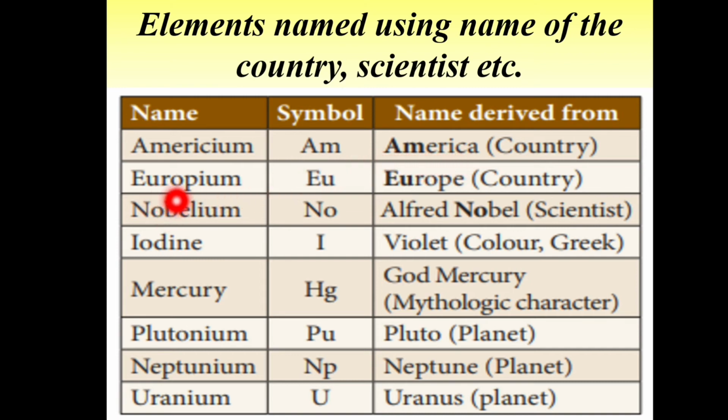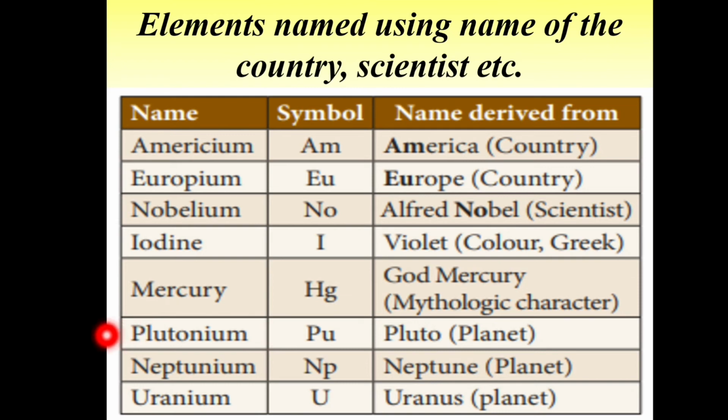Second, europium, symbol Eu, derived from the name of the continent Europe. Next, nobelium, No, derived from the name of the scientist Alfred Nobel. Next, iodine, derived from the Greek word for the color violet. Next, mercury, derived from the mythological character, the god Mercury, and the symbol is Hg.